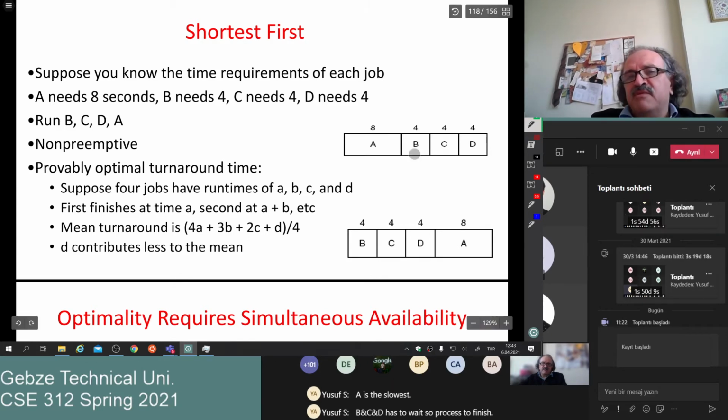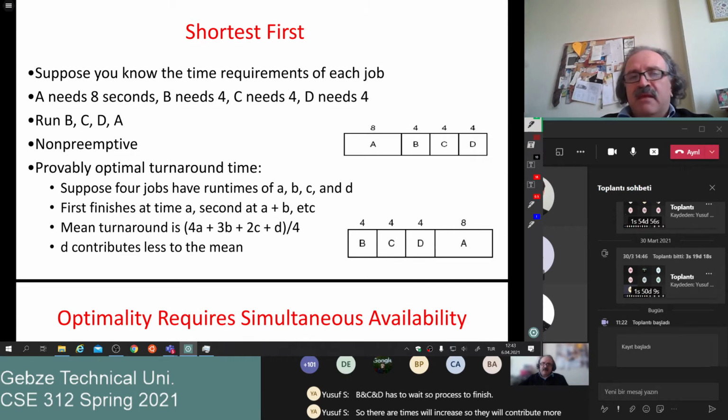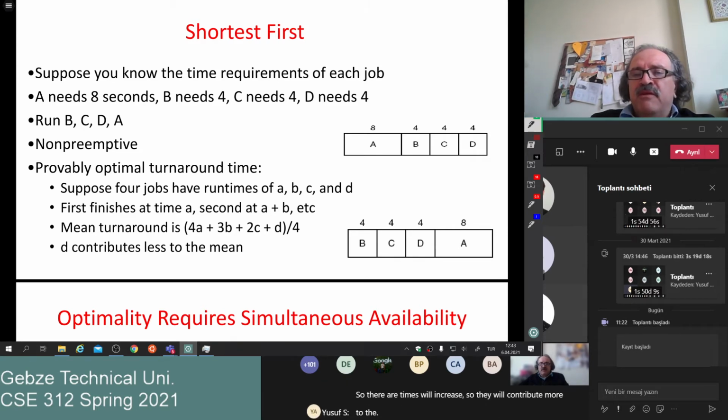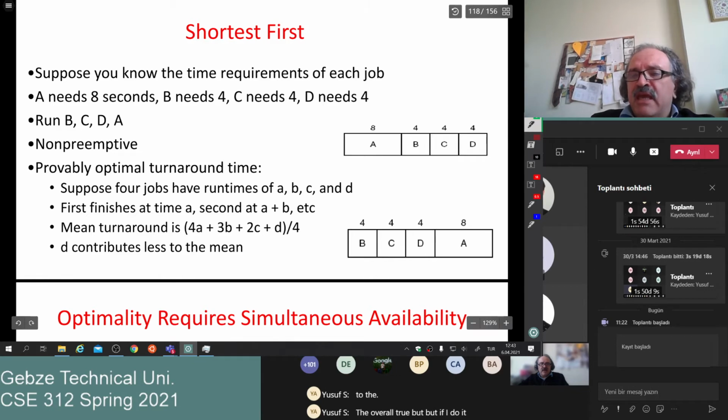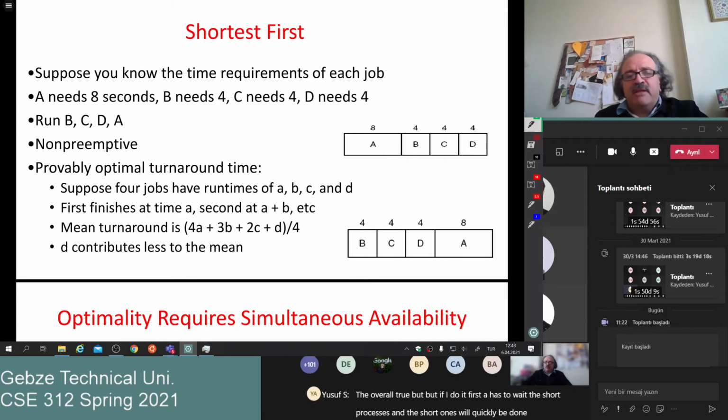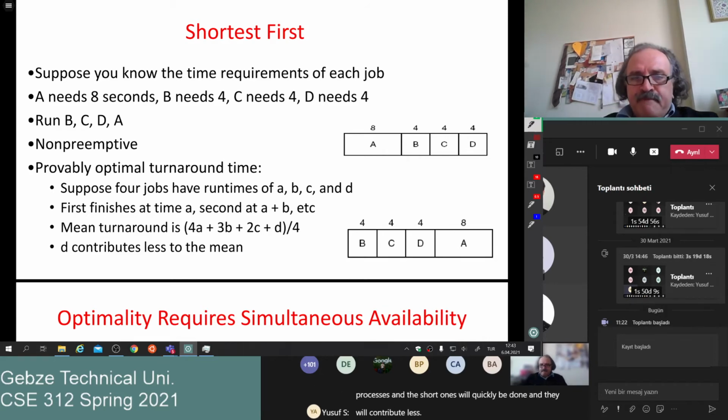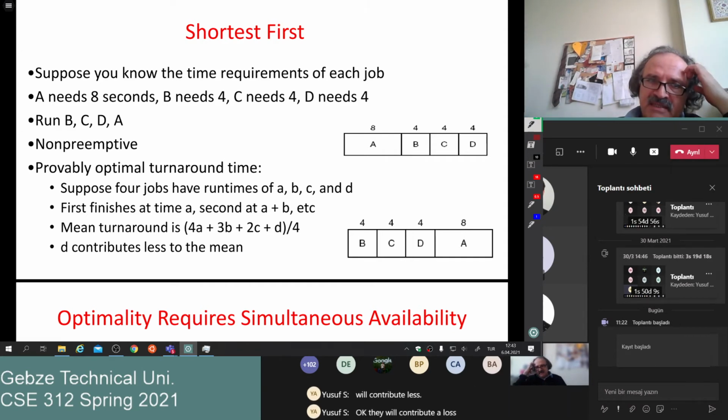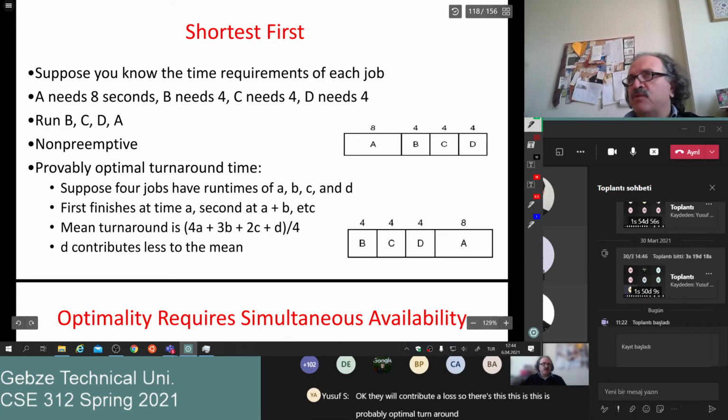So their times will increase, and they will contribute more to the overall mean. But if I run the short ones first, A has to wait, and the short ones will quickly be done, and they will contribute less. So it is probably optimal turnaround time with shortest first.